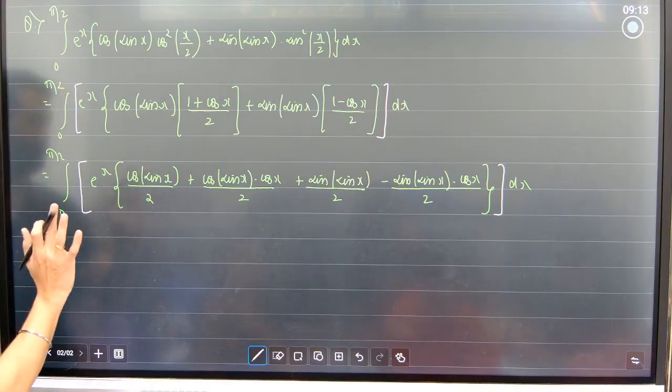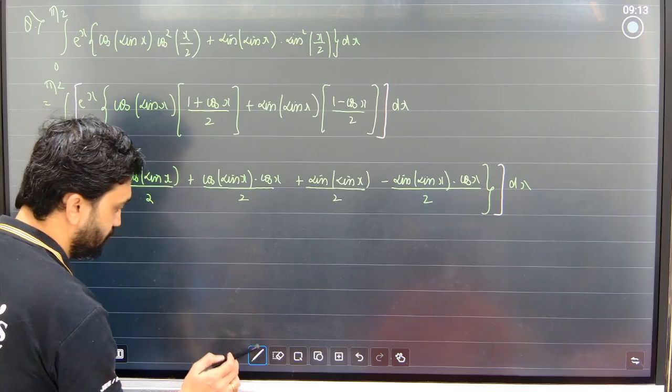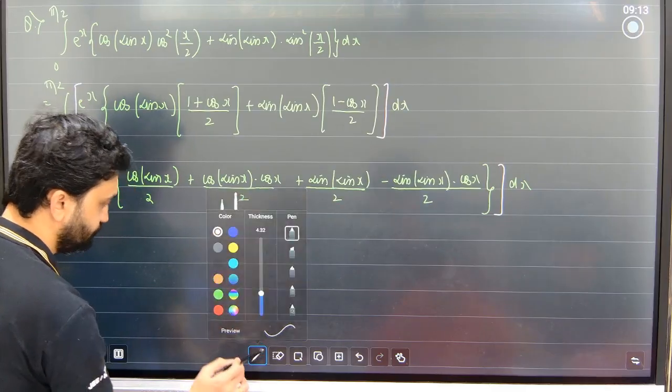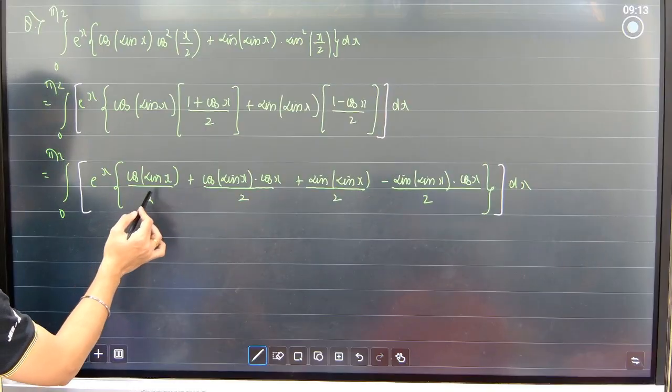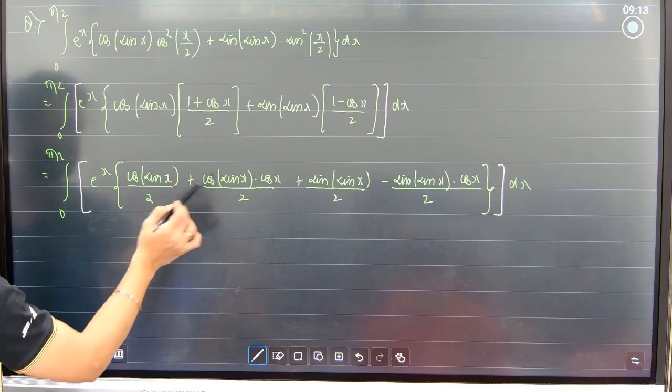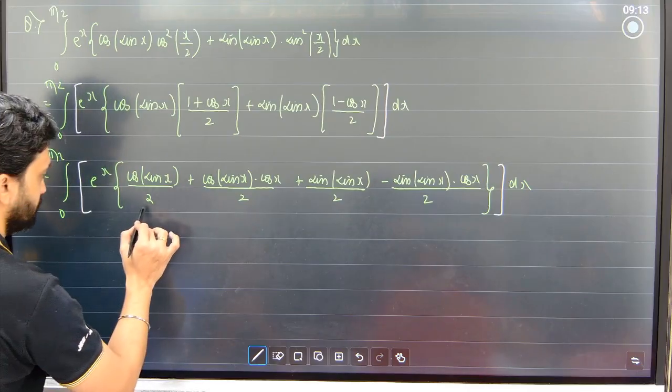But now if you pay attention to this part, if you see cos of sin x by 2 plus sin of sin x by 2, look at this part.